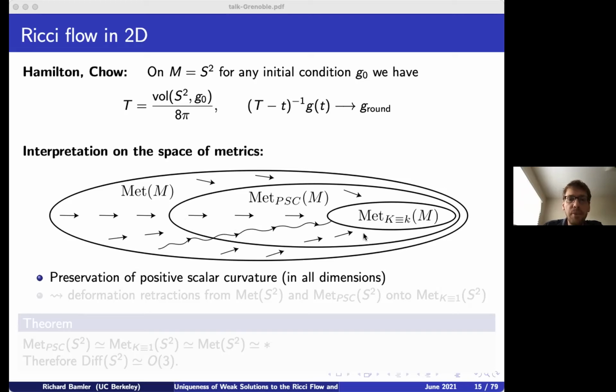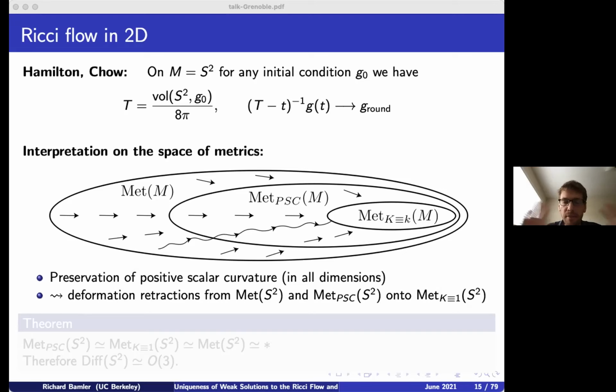And so what this implies is that, modulo some work, and this is just a more conceptual picture here, the Ricci flow gives us a deformation retraction from either the space of all metrics or from the space of positive scalar curvature metrics onto the space of constant curvature metrics. Maybe we have to do some rescaling here, and we have to take some limit, but essentially the Ricci flow will allow us to deformation retract this big space or the intermediate space onto this small space.